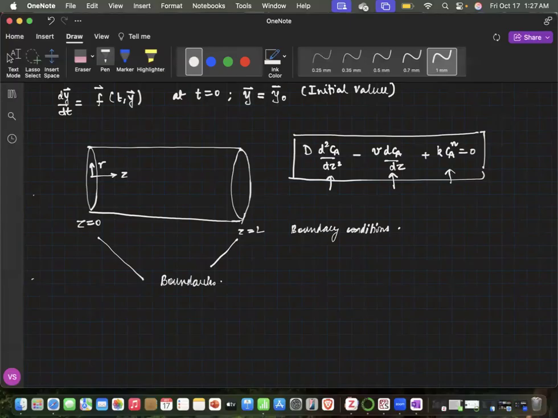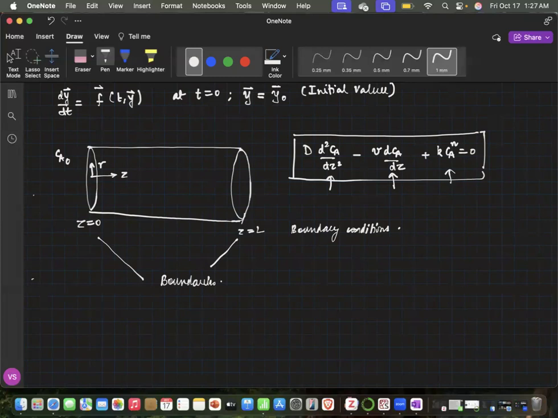So the most physically relevant condition that people do assign is that we fix the concentration at the start. We basically say that C_A is fixed at this end, let's say C_A naught, and that is just fixed by the bulk mass transfer over here.